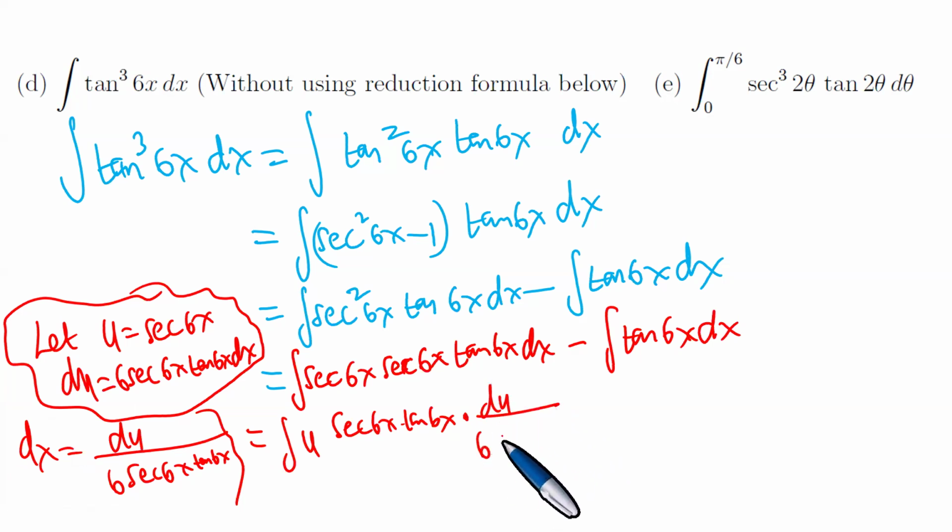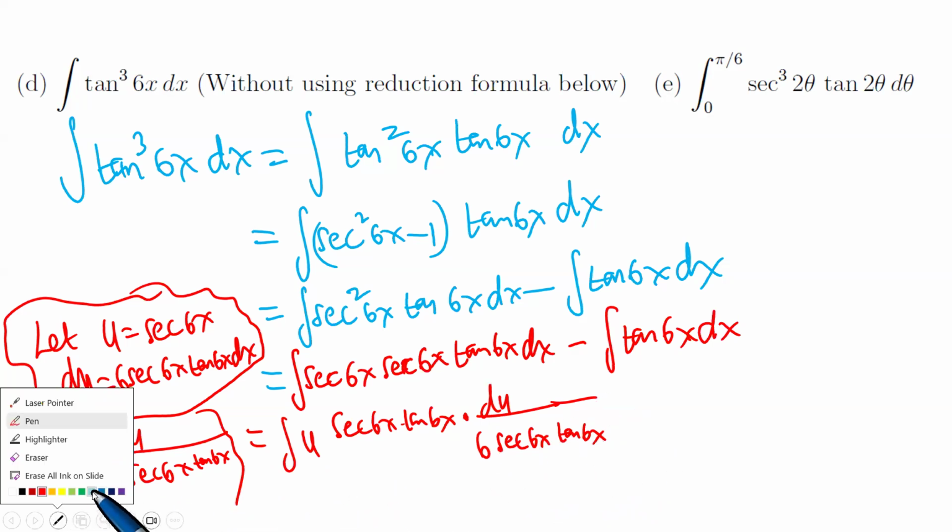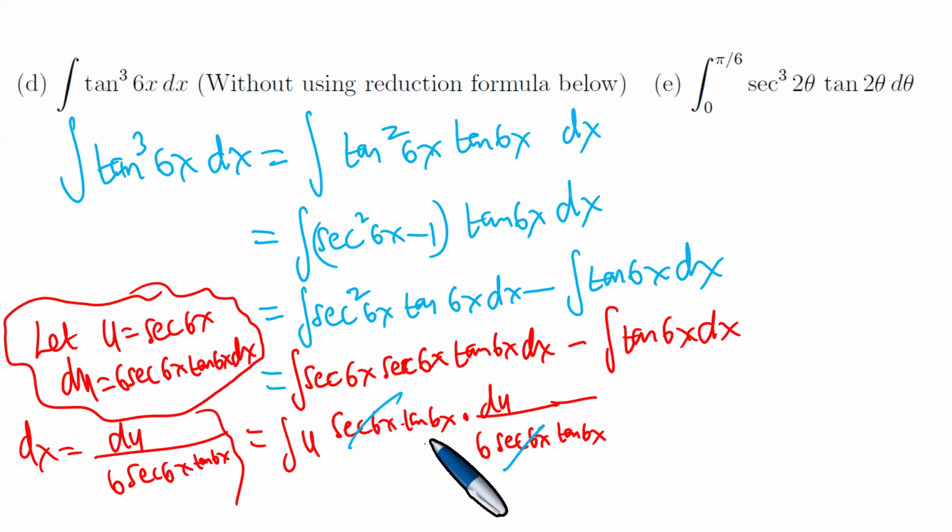So we're going to simplify this one. The secant and the tangent cancel out. Right, I'm just saying this is another way to do the question. We've done it one way, and this is another way to do it.